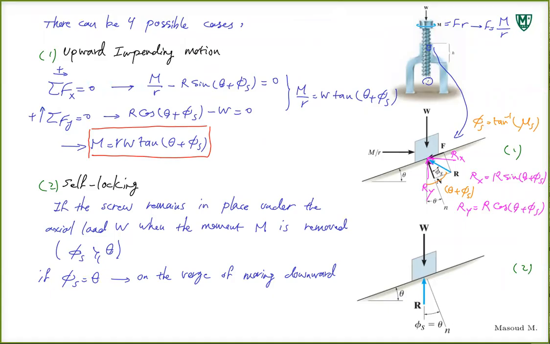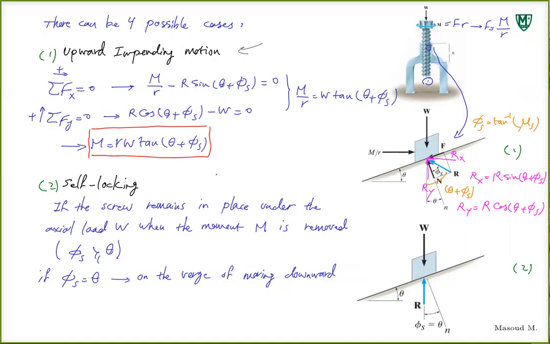In the upward impending motion, we are talking about the situation for which the load is downward and the motion is about to happen in the upward direction. So the direction of the load and the direction in which we want the screw to move are opposite.